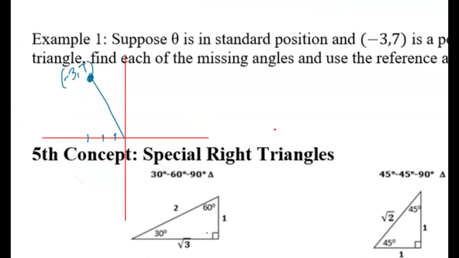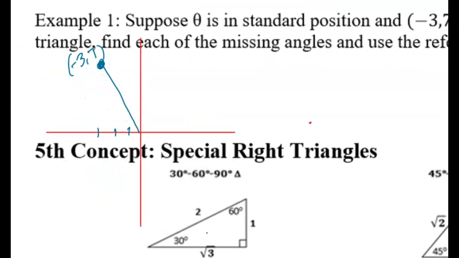Should zoom in. Hold on. Okay, so from this point, I'm going to drop a line down, creating my reference triangle there. And then it says theta is in standard position. This is another way to say that it's the reference angle. So it's this angle right here.